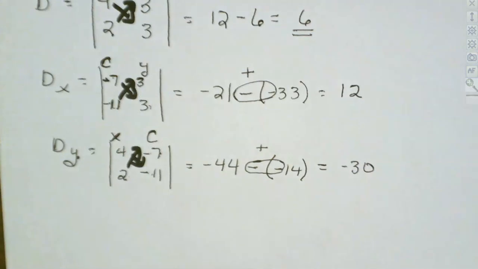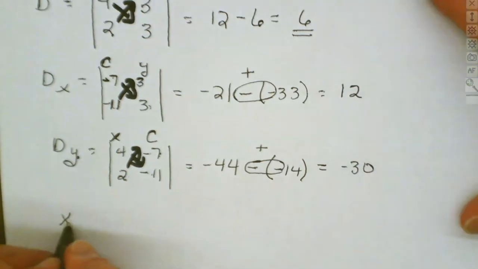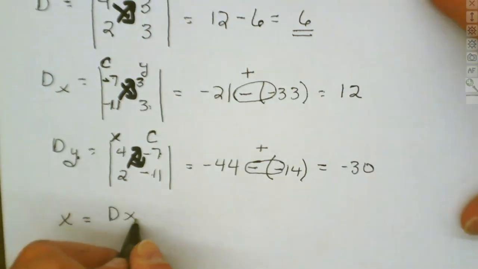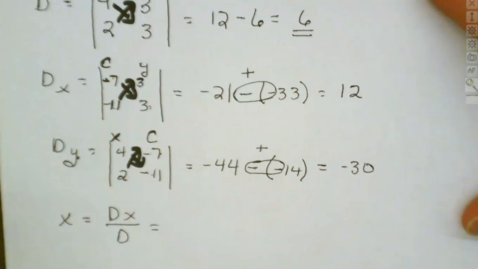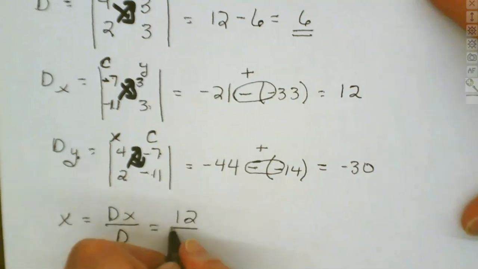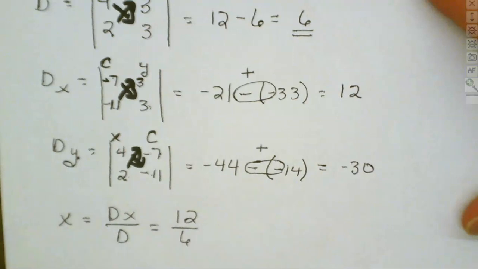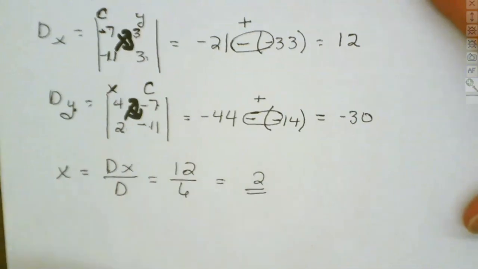Now we've got all of our determinants. Now we can quickly and easily get our answer. What is x going to be? X is Dx over D. Dx was 12. D was 6. 12 divided by 6 is a what? 2. What about y?